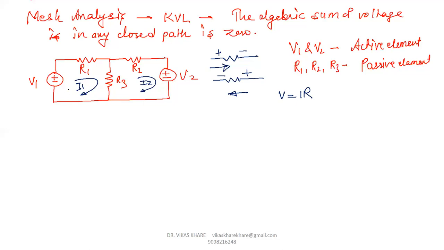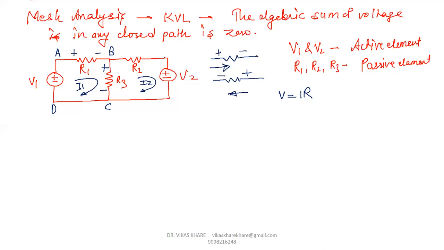First we write the mesh equation in loop 1. In this case, the loop is A, B, C, D, and A. The direction of current is clockwise, so positive terminal and negative terminal, then positive terminal, then negative terminal. If we consider the first sign convention for the active element, we also use the first sign convention for the passive element, or vice versa.